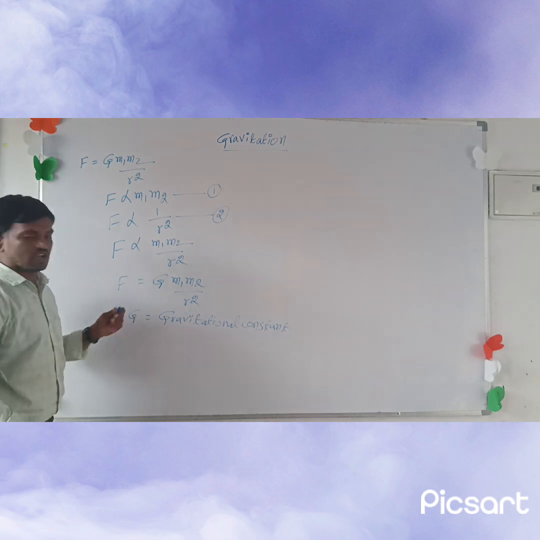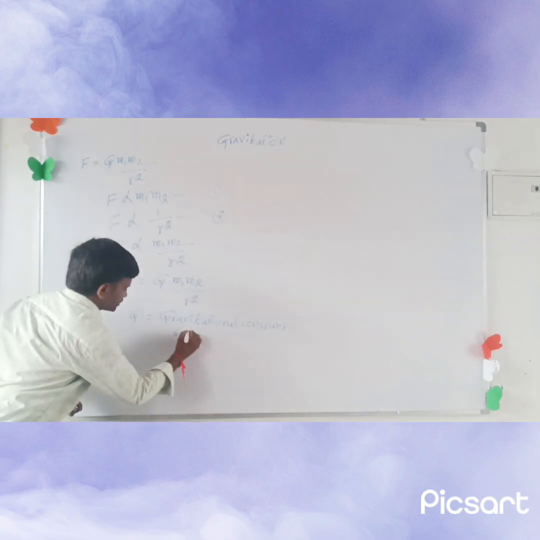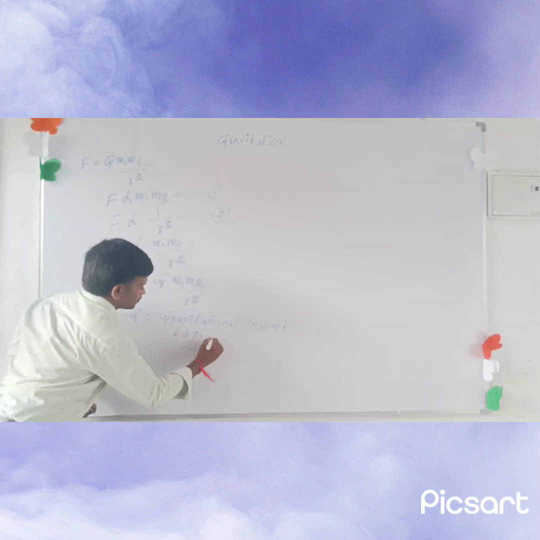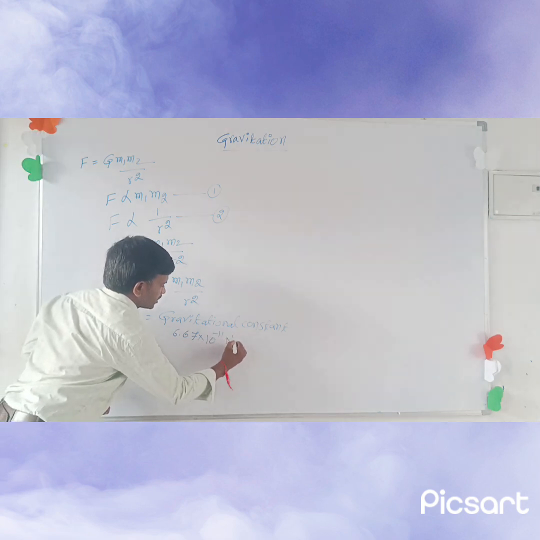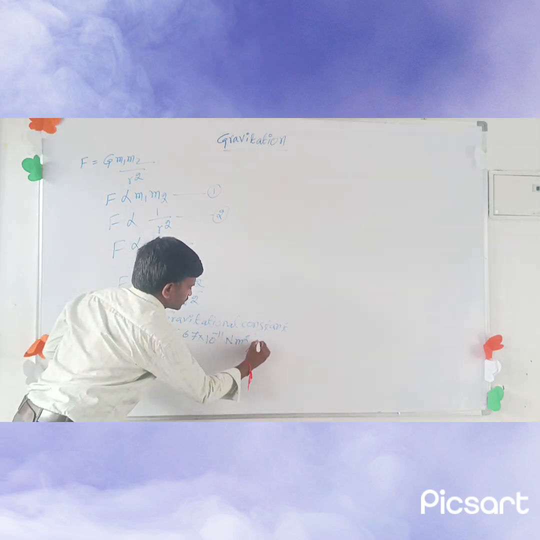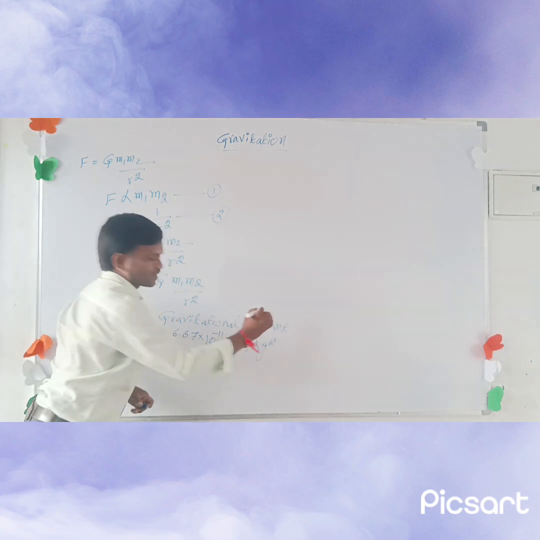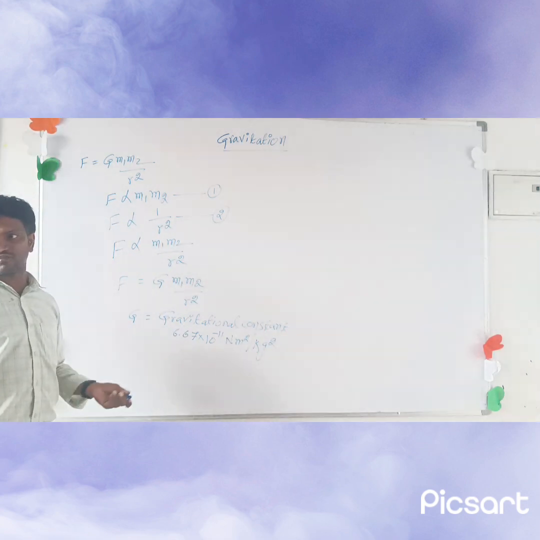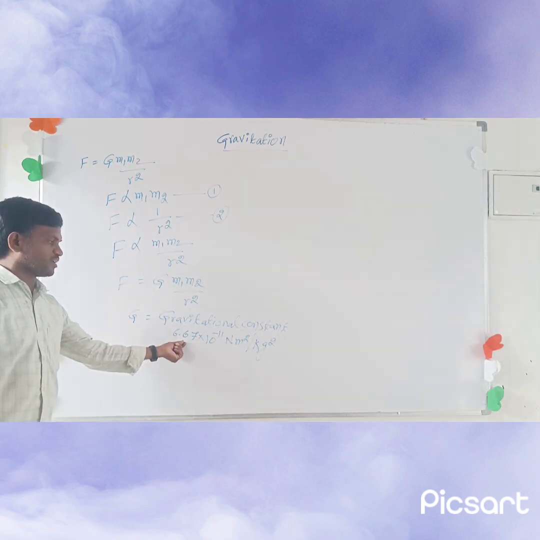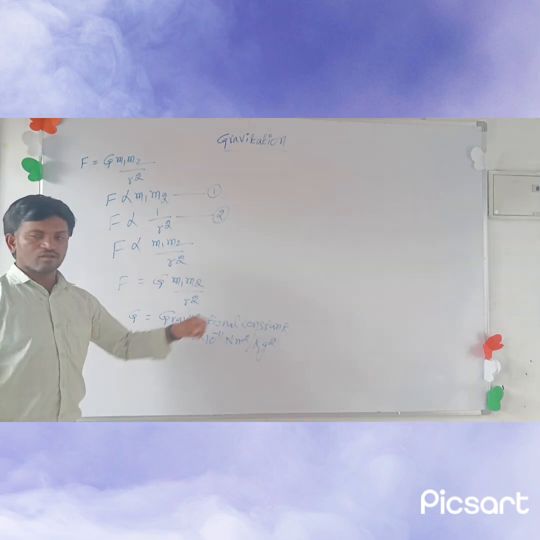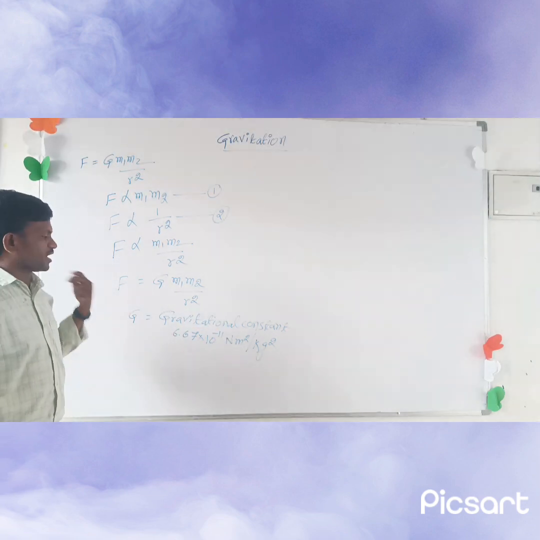This value is 6.67 into 10 to the power of minus 11 Newton meter square by kg square. This is the constant value.